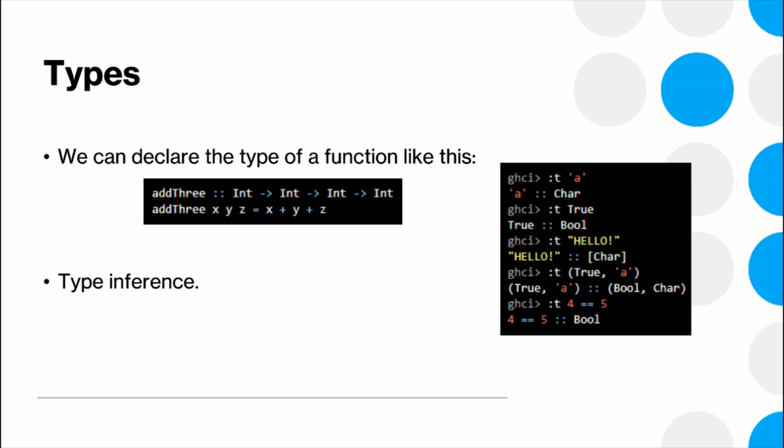The type of "hello" is a list of Char, which is equal to, say, a String. The type of a tuple is going to return the types of all the variables in that tuple, and the type of this function is Bool because it compares two numbers or two equal data.